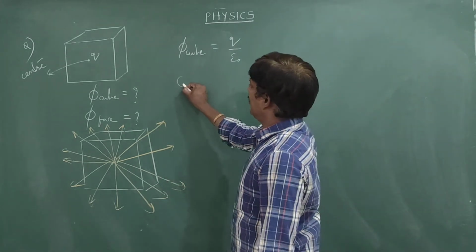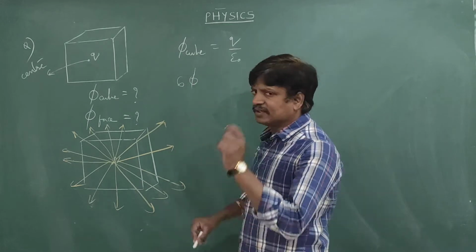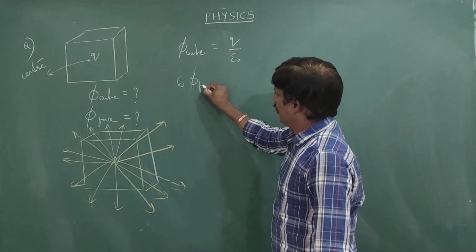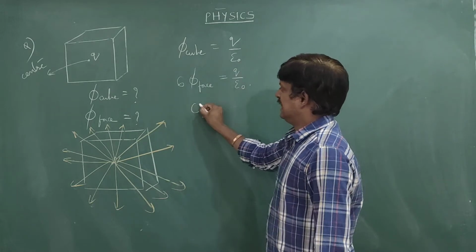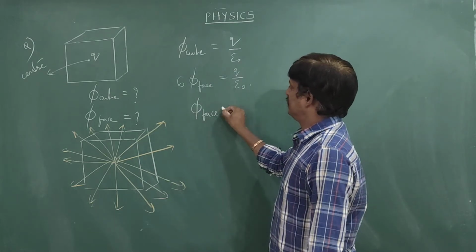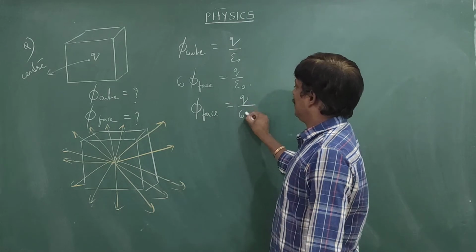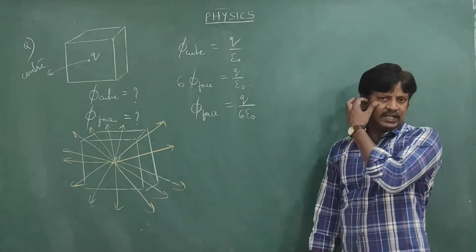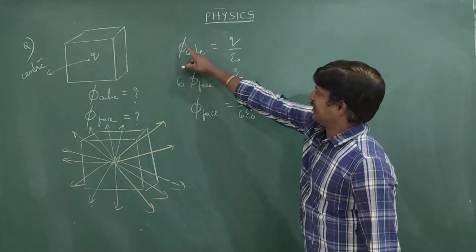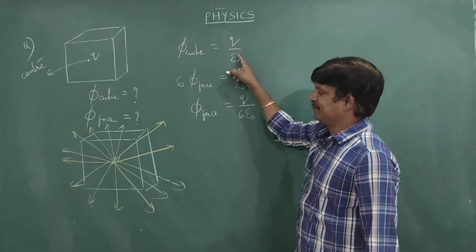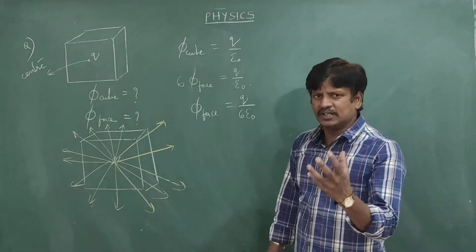So I can write 6 times flux through each face is equal to Q by epsilon. Then what is the flux through each face? Flux through each face will be equal to Q by 6 epsilon.